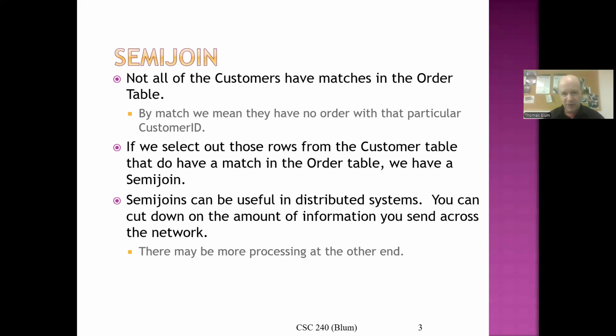I don't need to know anything about the orders, just tell me the customers who have orders. Or I could say in some distributed system I want to send some information around and not have it be too large, then I might want to break the information down and manipulate it further on the other end.